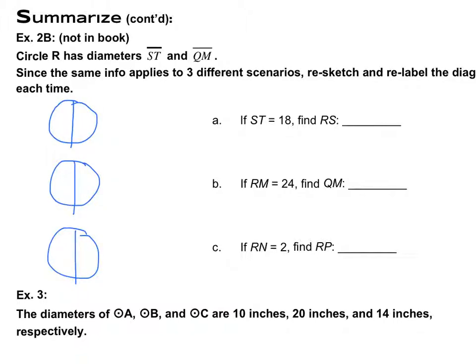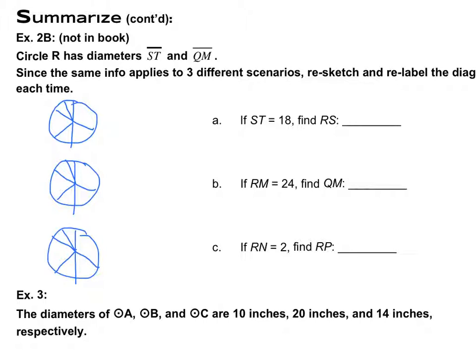Then we have another diameter coming across. And then in each tiny little corner here we've got a chord coming up, and then another one coming down, or a radius, sorry, those are radii coming out there.